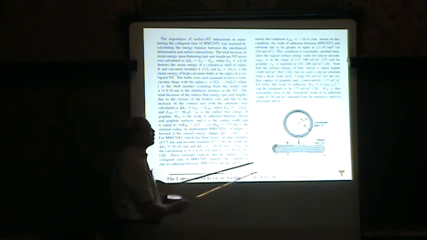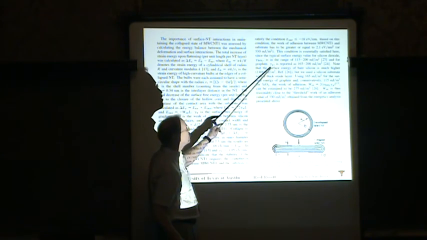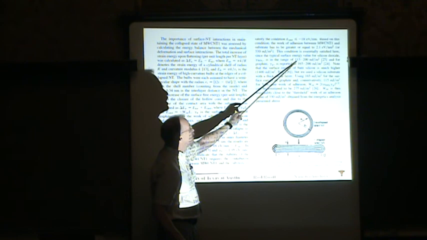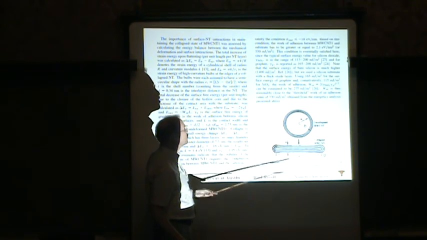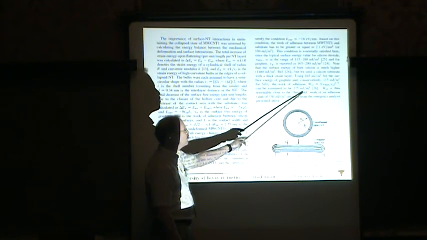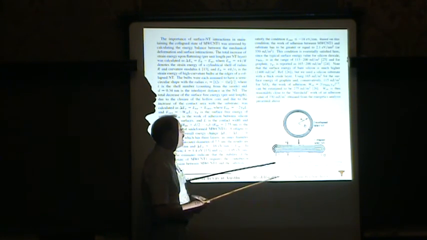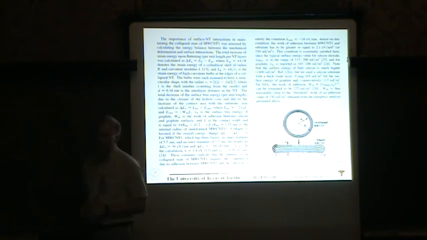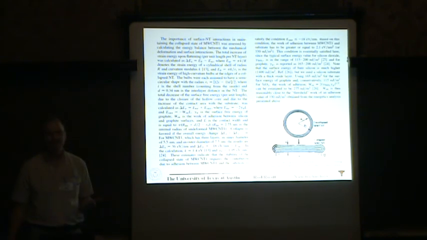So by using values for surface energy for graphite and for silicon dioxide, and adding those together, we came up with an adhesion energy per area that was fairly close to what we calculated was needed to make the overall energetics or energy negative.